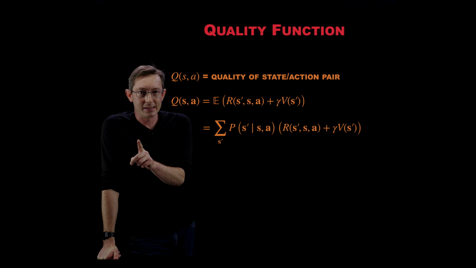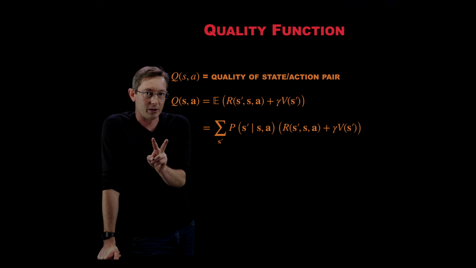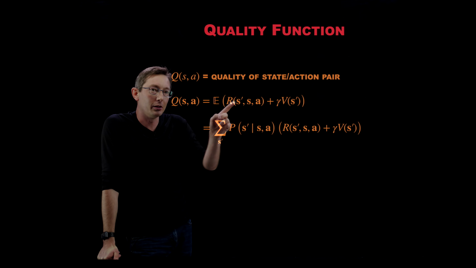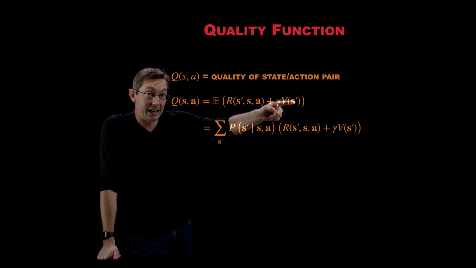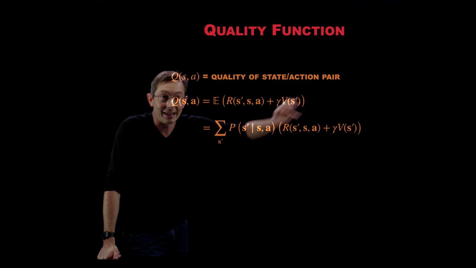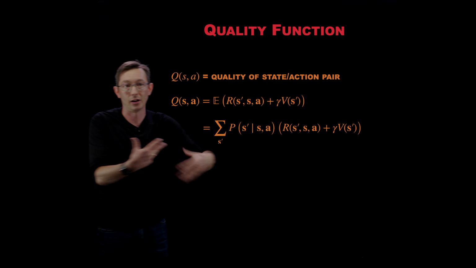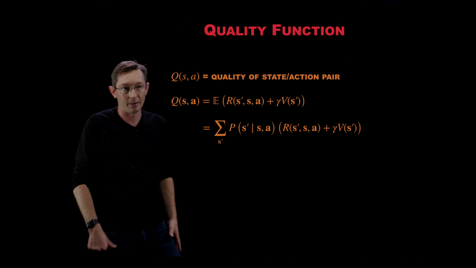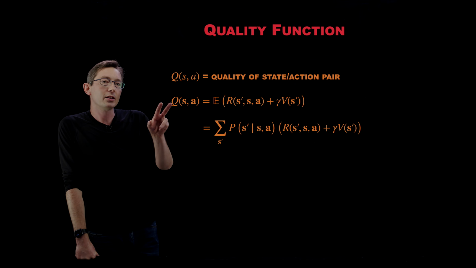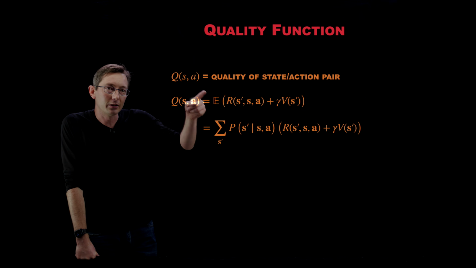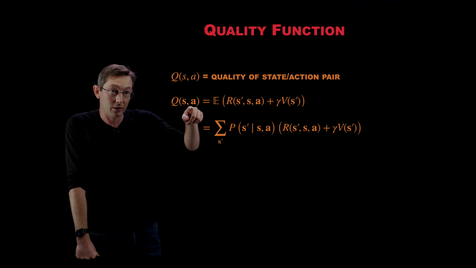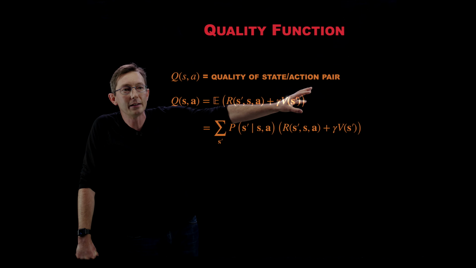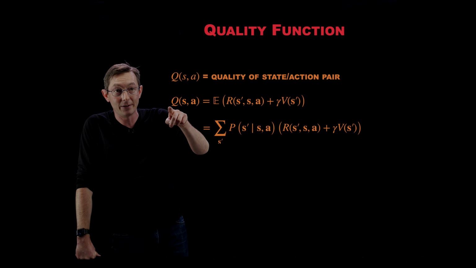Because when I did policy iteration and value iteration, I needed to have a model of what my future state S prime is so that I could use the value at that next state in my recursive dynamic programming optimization. Whereas if I learn a quality function Q of S and A, all of this information is implicitly in this function.